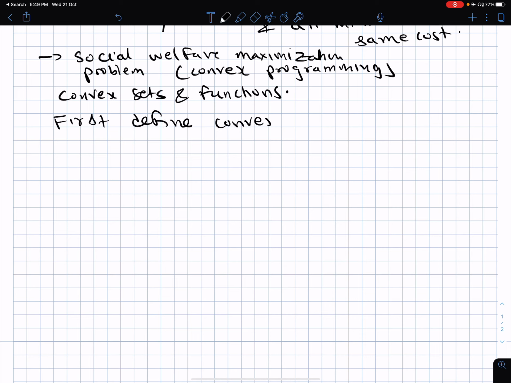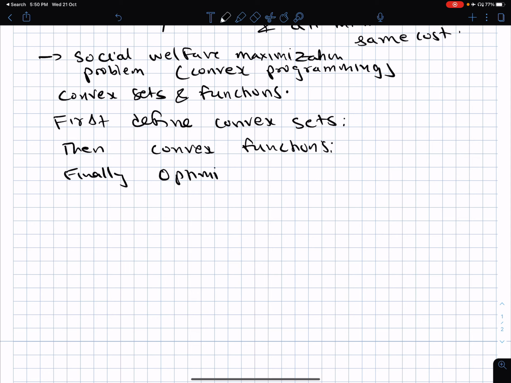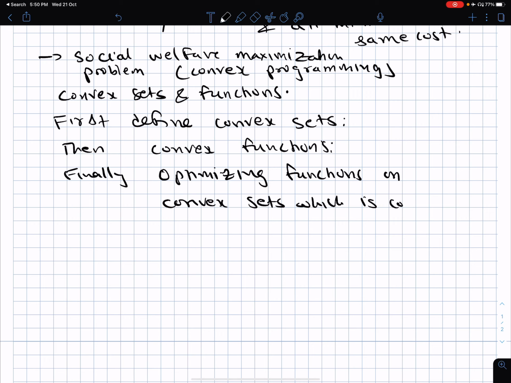So the story begins with convex sets, then comes convex functions, and then finally we can talk of optimizing convex functions on convex sets, which is convex programming.